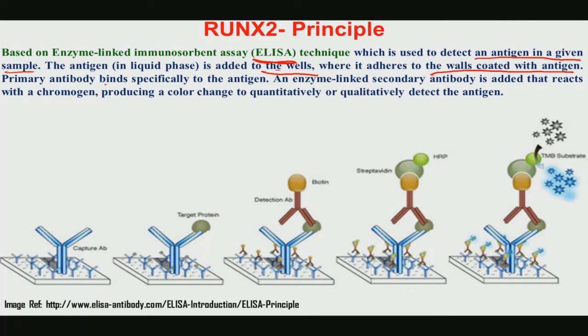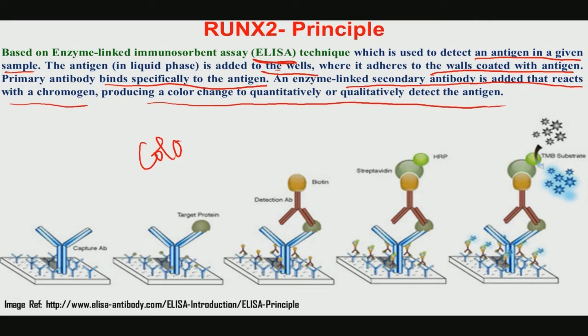A primary antibody specifically binds with this antigen, and then an enzyme linked secondary antibody is added, which reacts with a chromogen, producing a color change to quantitatively and qualitatively detect the antigen. Essentially again it is a colorimetric assay, so it ends up with a color change, and this color change you can determine quantitatively.